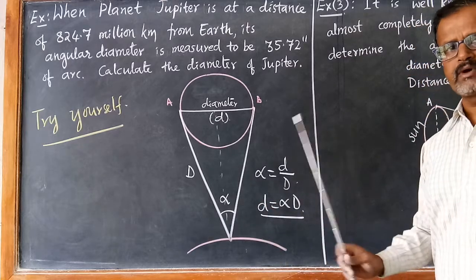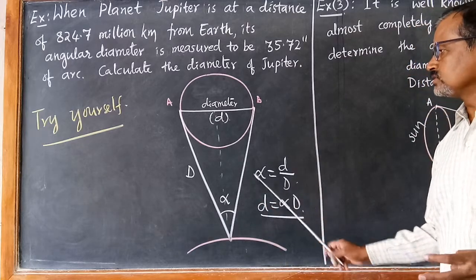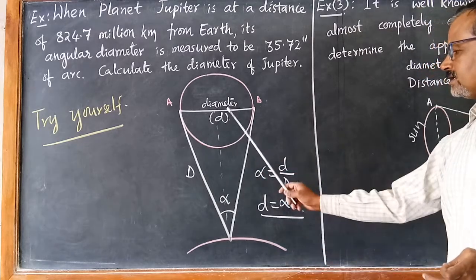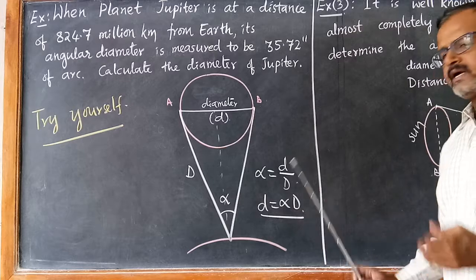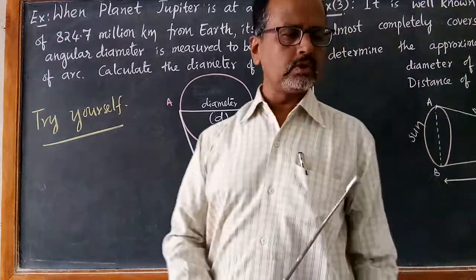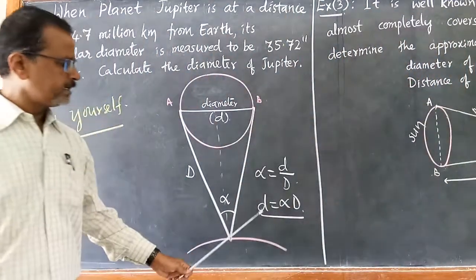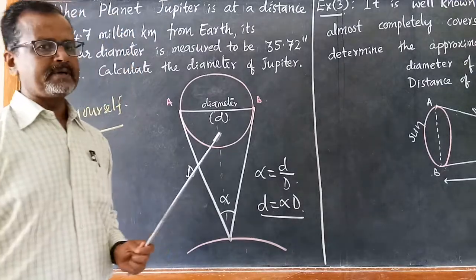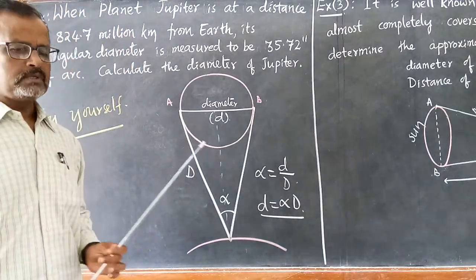Again, it's quite simple. Angular diameter is equal to diameter divided by the distance d. Therefore, diameter d equals alpha into d, where alpha is the angular diameter. I think you can solve this problem.